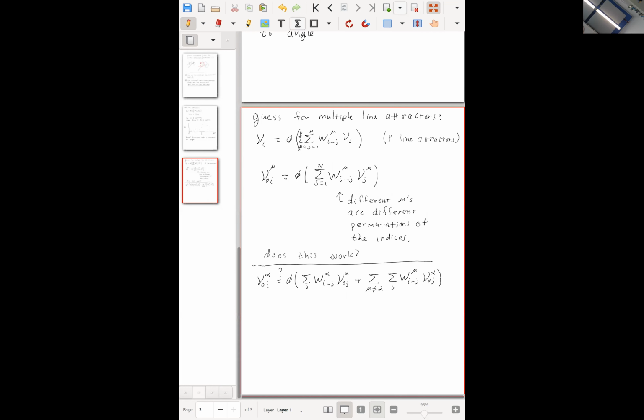These aren't going to be exactly equal, but maybe they can be approximately equal. Exactly equal is way too strong, but if it's close, that might be good enough. We put approximately equal to with a question mark because we don't really know if this is going to hold.